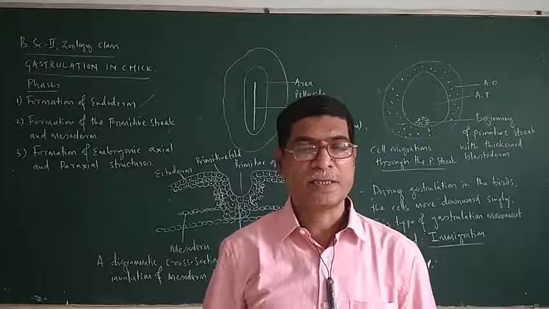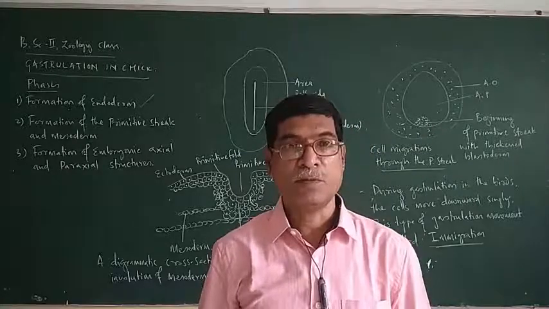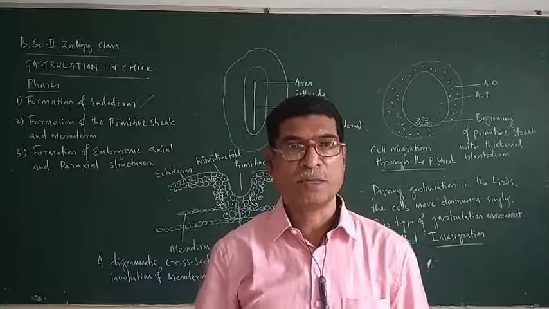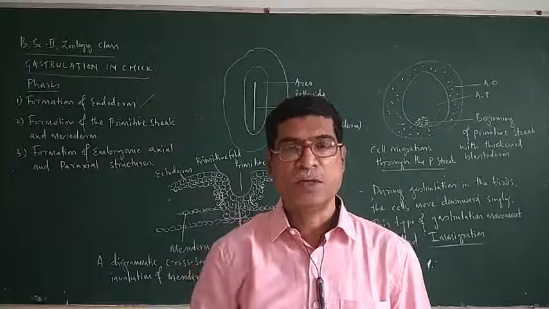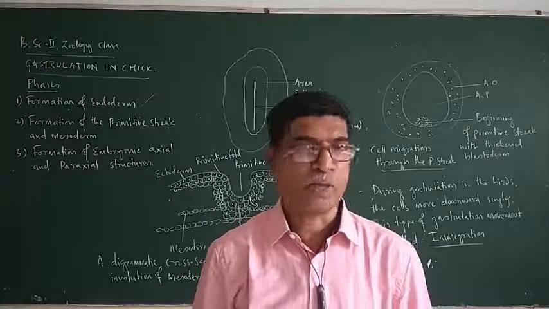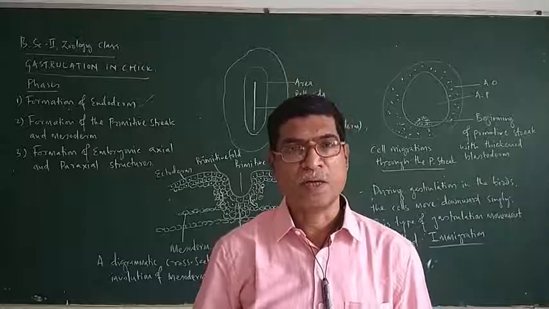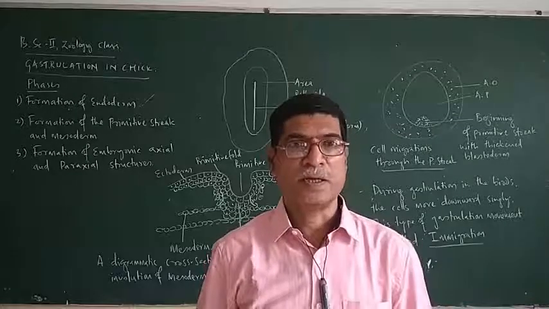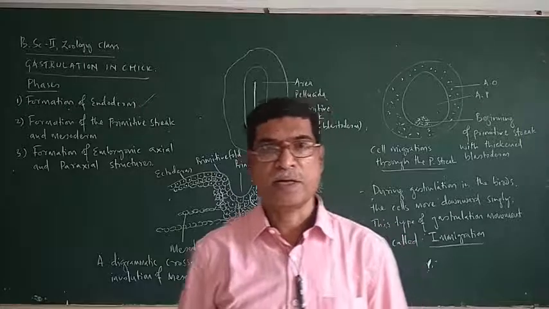The endodermal cells come from the blastoderm. Blastoderm is nothing but epiblast. From the epiblast, cells move downward to form hypoblast. Hypoblast cells are nothing but endodermal cells. It is going to be developed into the elementary canal.